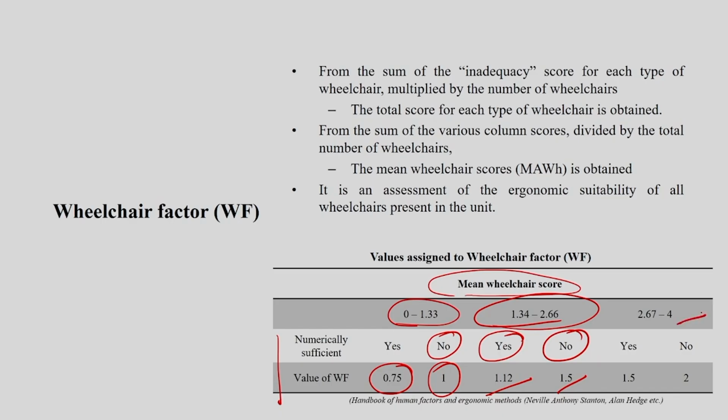So, you may have a figure of wheelchair factor ranging from this range or from this range, and once you have this range established, then you need to check whether it is sufficient or not. If it is sufficient, then you go for this yes column. If it is not sufficient, then you go for the no column, and you get the value of wheelchair factor.